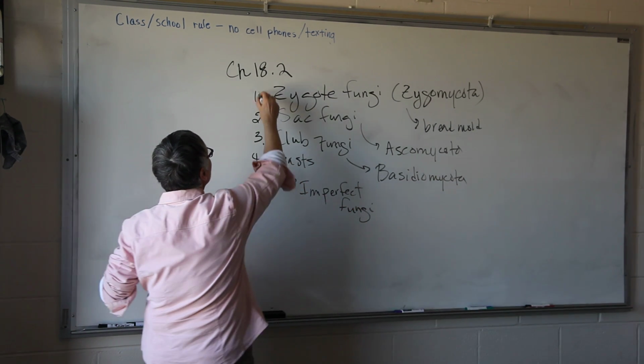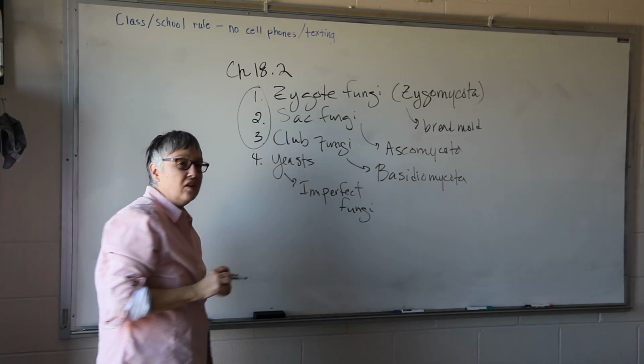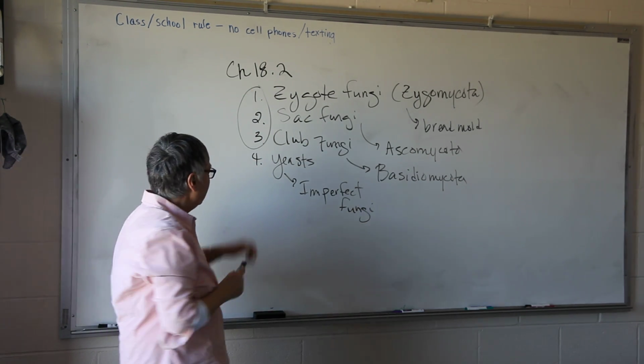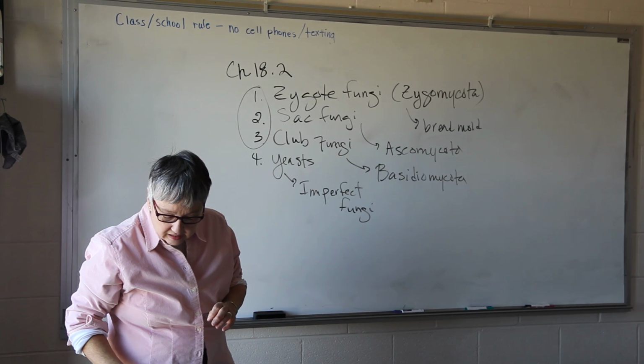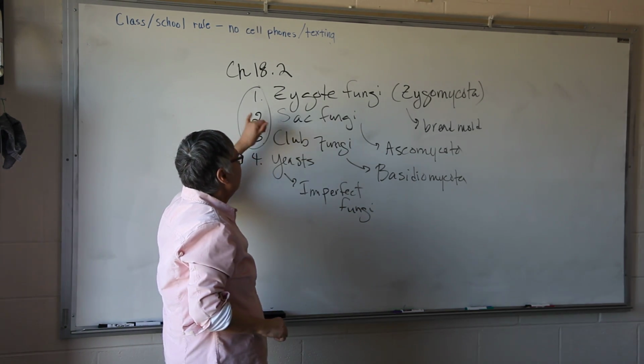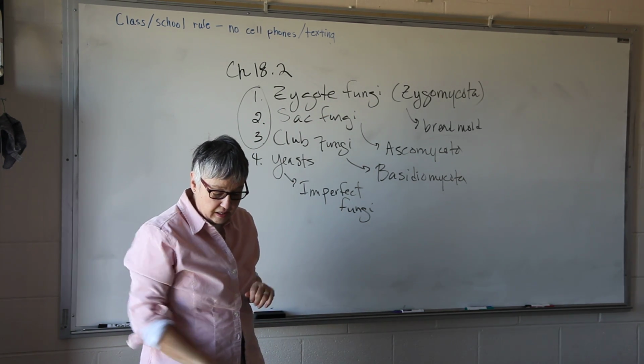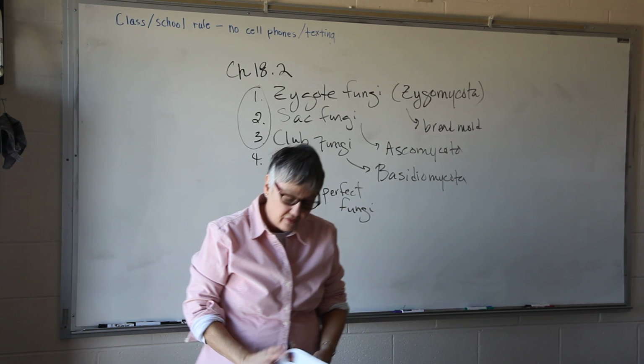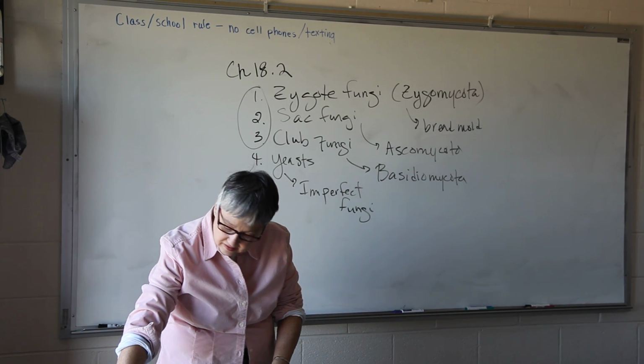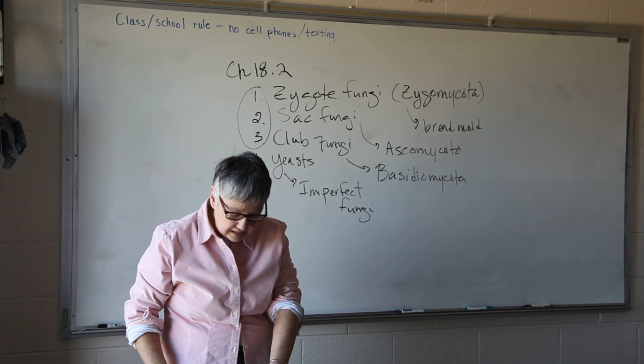So we're going to focus primarily on these 3. I'll talk a little bit about the last group, but we'll start with the zygote fungi. And I'm going to use a figure from your textbook, and this is figure 18-4.